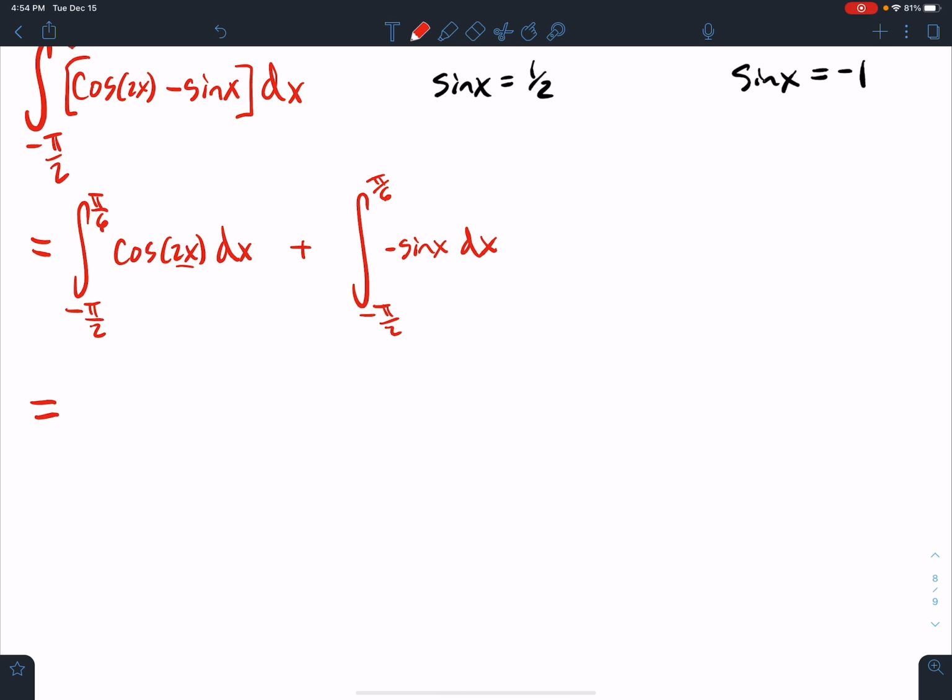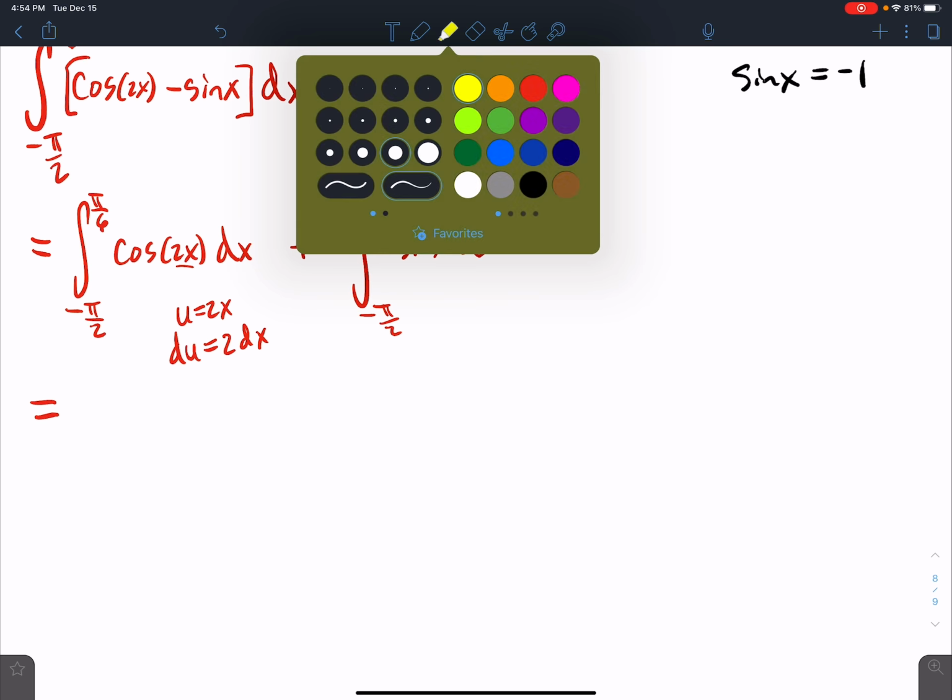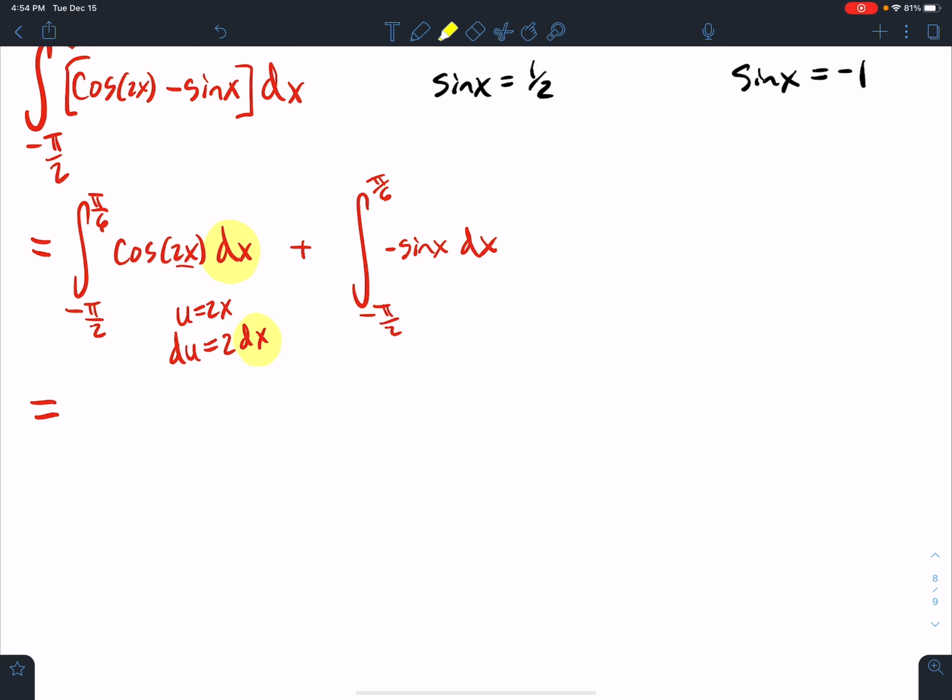U substitution here. u equals 2x, du equals 2 dx. I only see a dx, so I don't see a 2 dx. So what I need to do is divide both sides by 2. So this is going to get me 1/2, and I'm going to drop my bounds for now and do an indefinite integral.